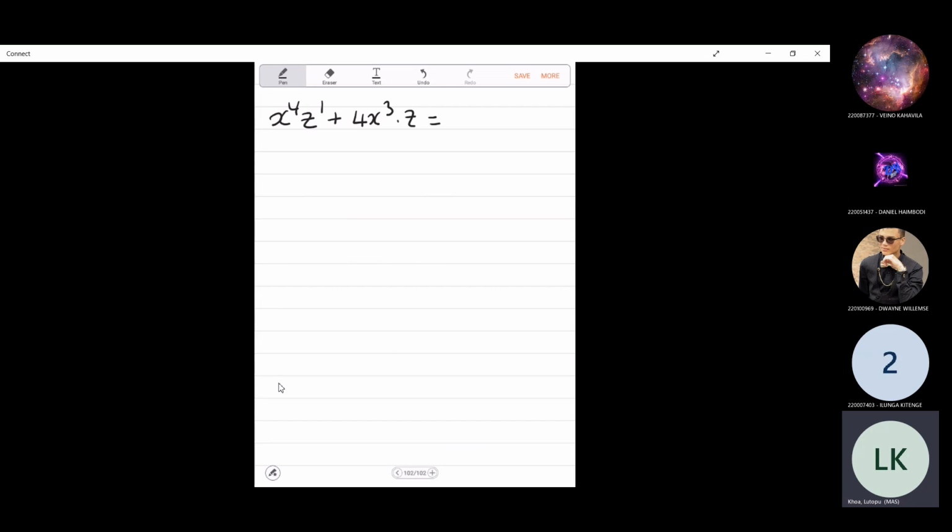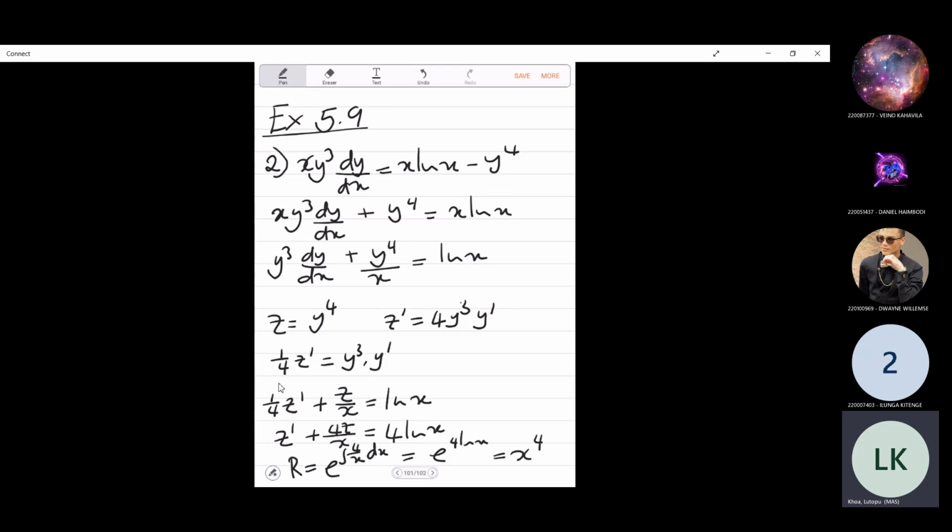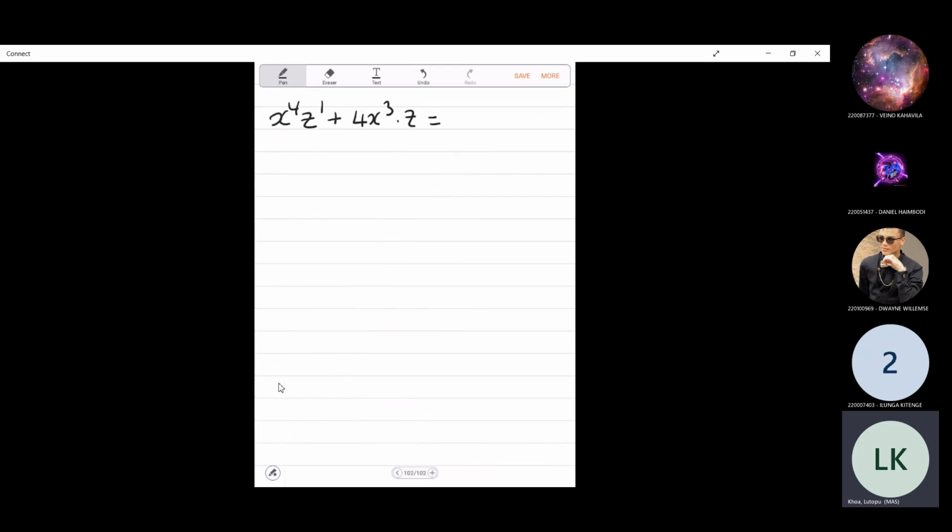This is 4x to the power of 4 ln of x. Okay, and then this one we write it as z times x to the power of 4 prime. This is 4x to the power of 4 ln of x.